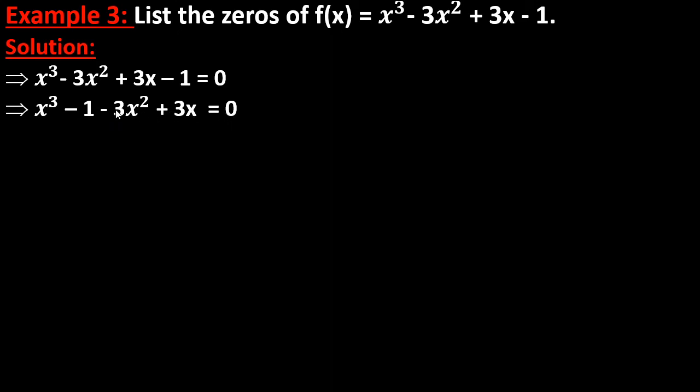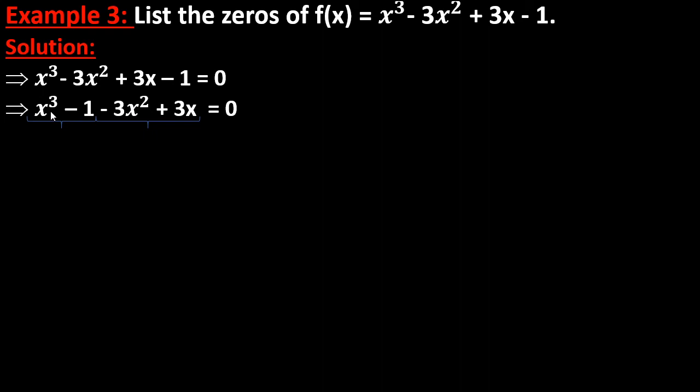So we need to fully factorize the whole expression to find the zeros, and I'm going to group the first two terms together and the second two terms together, and then factorize this one first, and then factorize this expression next. So x to the third minus 1 is 0 when x is 1.